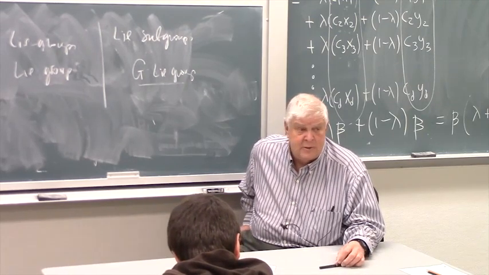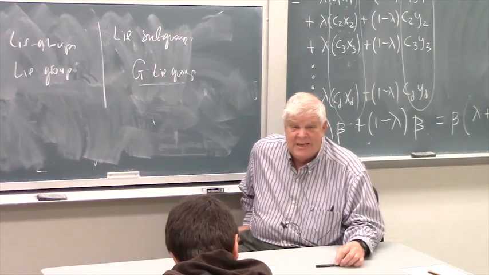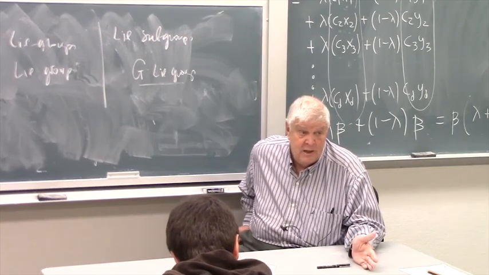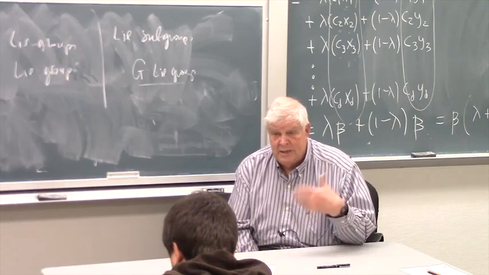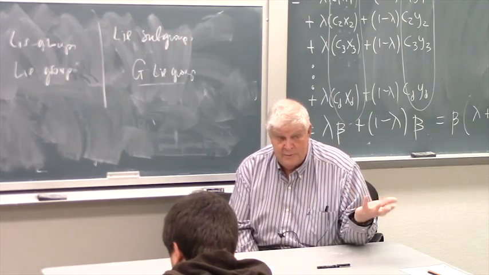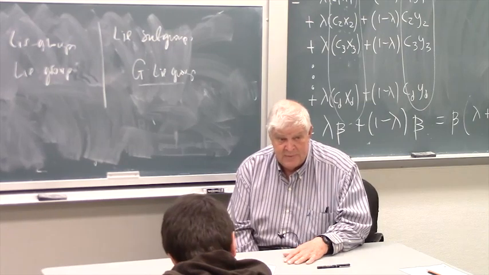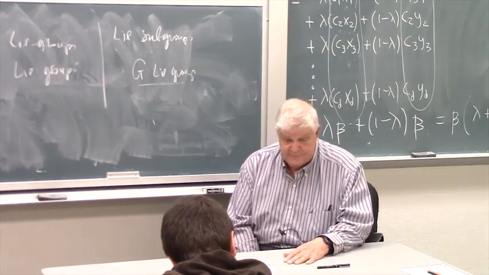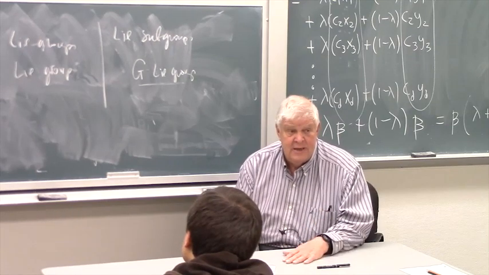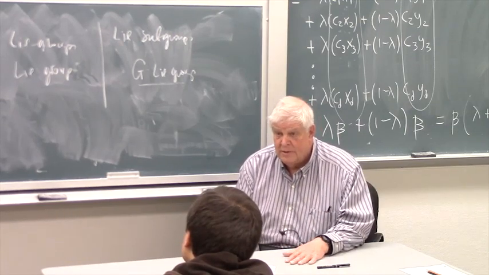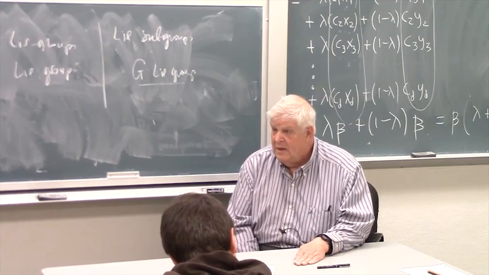Moreover, with respect to topology, it is a submanifold of some dimension, certainly containing E, because it's a subgroup. Then it is a subgroup in the usual sense. And this is the definition which I'm going to use. Okay?